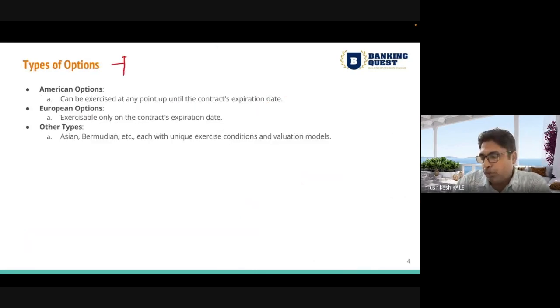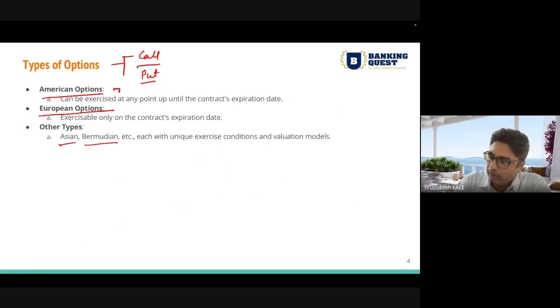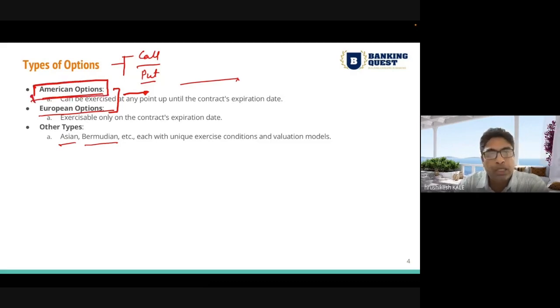Just like call and put options, options can again be classified into American option, European option, Asian, Bermudan, and so on. Now, what's the difference between American and European options? The options which can be exercised anytime till expiry are called American options.